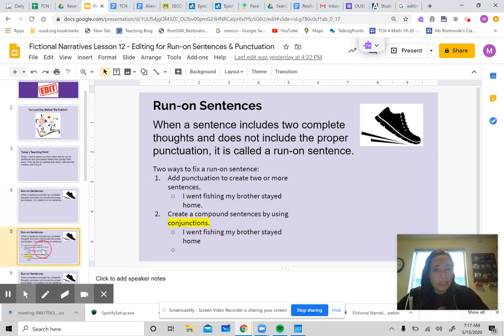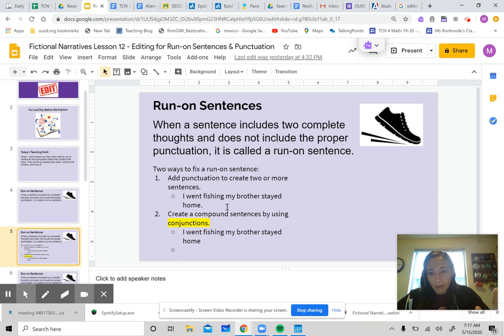Let's take a look at a couple examples. There are two ways you can fix your run-on sentence. You can add punctuation, say it with me again, punctuation, to create two or more sentences. Here's an example, and I want you to spy where I can add punctuation. I went fishing, my brother stayed home. Notice these are two complete thoughts.